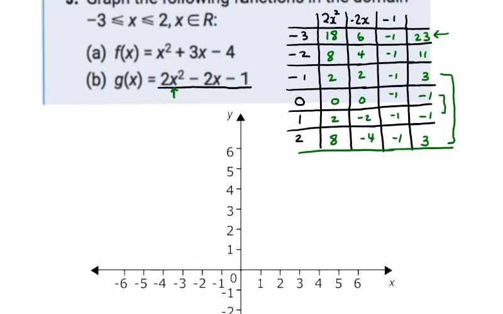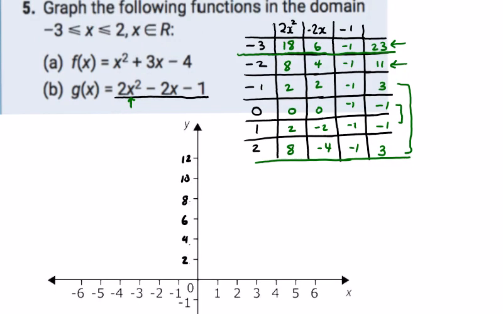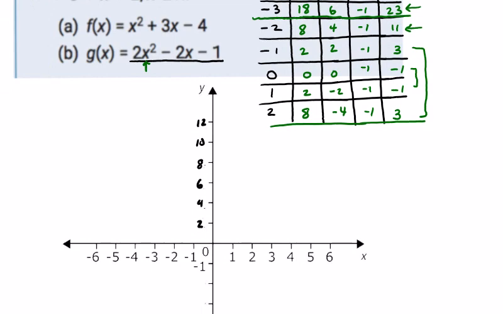So if we graph this, minus 3, 23, we might leave this point out, it's much higher than the others, and we'll go up to 11, so we'll do it between minus 2 and plus 2. So we have minus 2 goes all the way up to 11. I could make the x-axis a bigger scale, we don't need to.